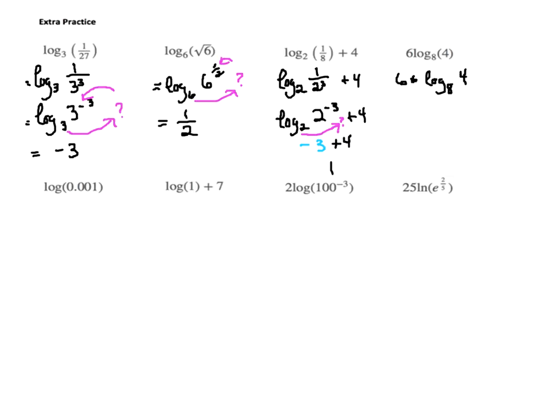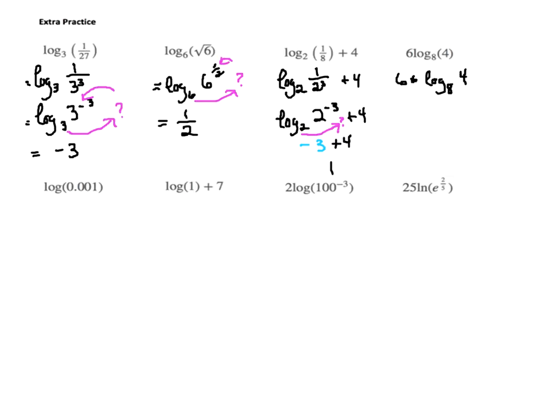So what I have to do is figure out how in the heck can I relate 8 and 4. And this is a little tricky here. So here's what I do know. I know that the cube root of 64 is 4. And I know that 8 squared is 64.